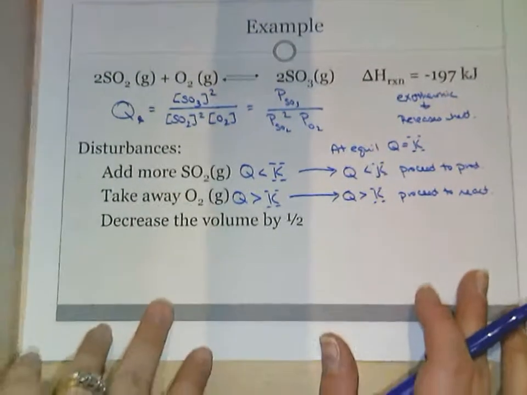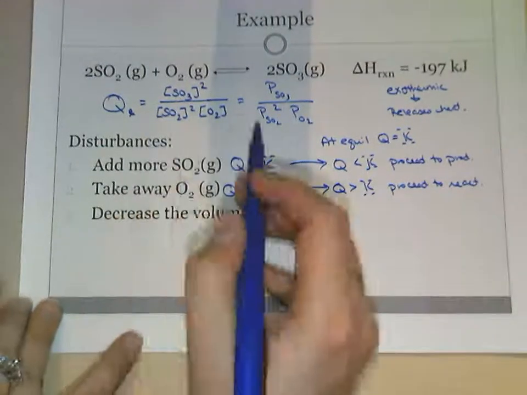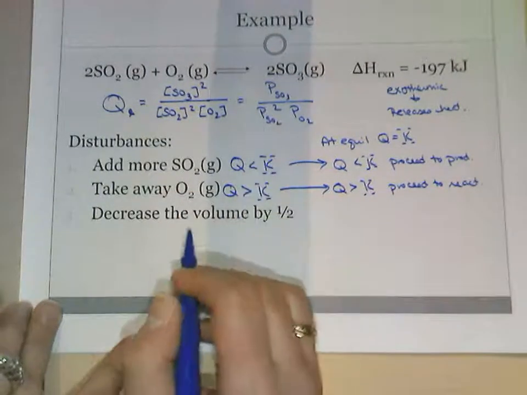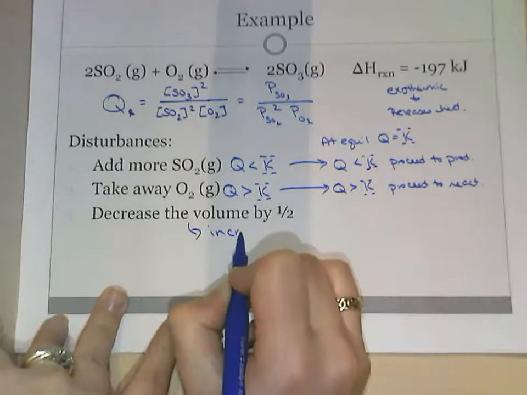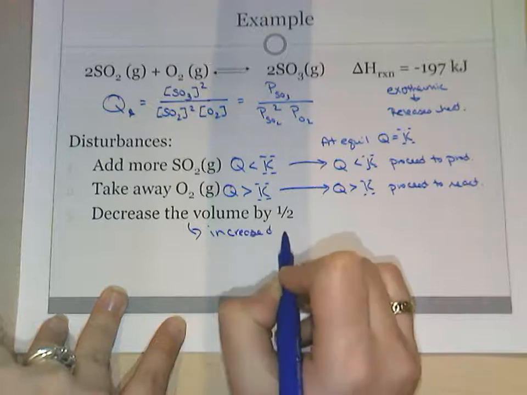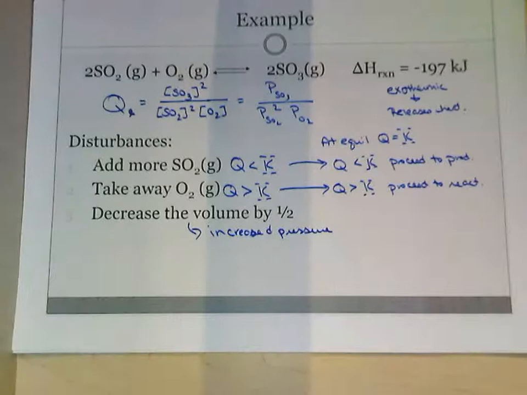That's going to be harder to look at. So let's look at our Q equation. So if I decrease the volume by 2, I'm saying I've increased pressure, right? Using our ideal gas law, PV equals nRT. So if volume goes down, pressure has to go up.